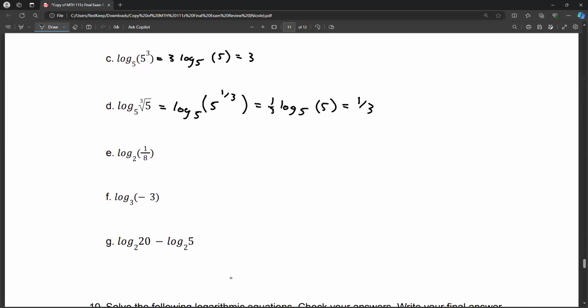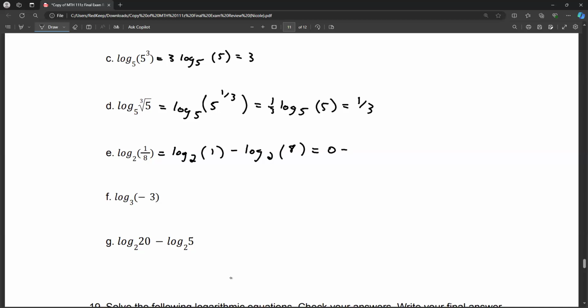So this next one, this is how you might think of this. We can apply the subtraction property of logarithms. Since we have the division on the inside, in the argument, we can take the log of the numerator and subtract the log of the denominator, finding that log base 2 of 1 is equal to 0.